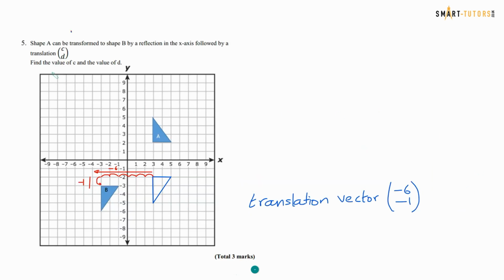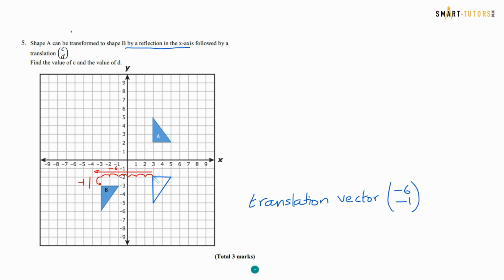Question number 5. Shape A can be transformed to shape B by a reflection in the x-axis followed by a translation (C, D). If we do the reflection in the x-axis, the distance 2 is going to be distance 2 here. So it's going to be reflected in the x-axis as the triangle shown here.